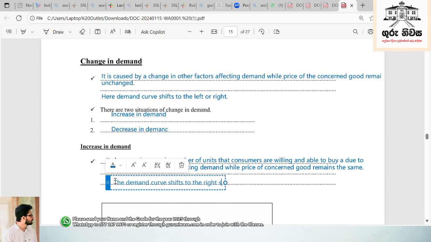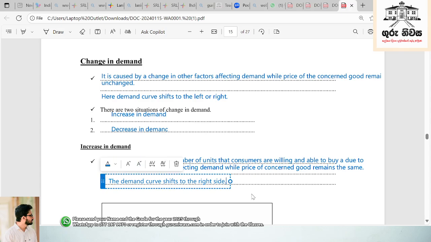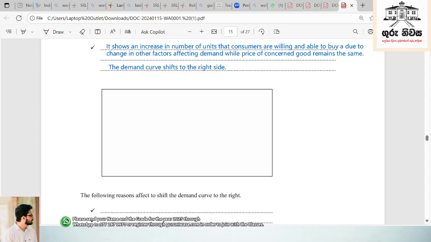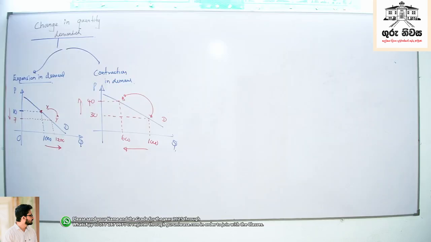Shift to the right side. Look at the board, Lamai, I'll explain. Now what happens, Lamai? The demand curve shifts to the right side.